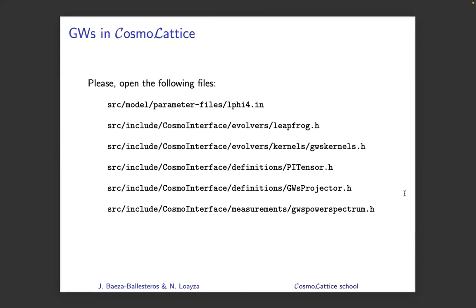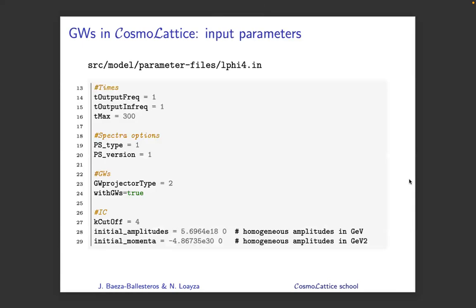So, how is it implemented and how is it being coded into CosmoLattice? For that, we will look into several files a little bit. I'm not just showing you all the code, but the key parts that you want to look at, and show you how it's done. So the first thing that you should care about is how to actually tell CosmoLattice to evolve gravitational waves. And this is very easily done in CosmoLattice.